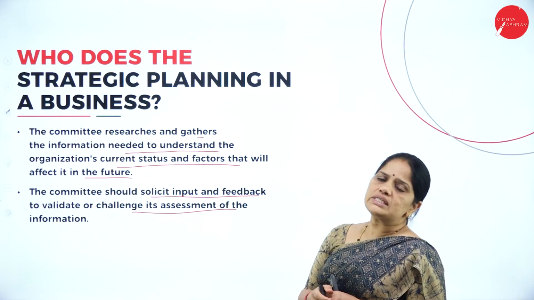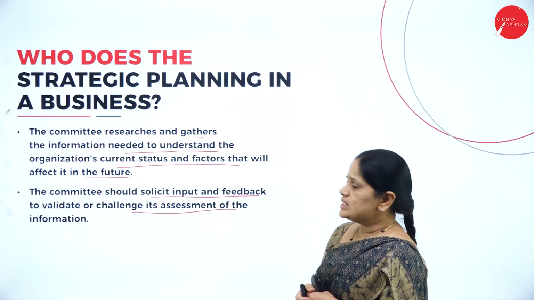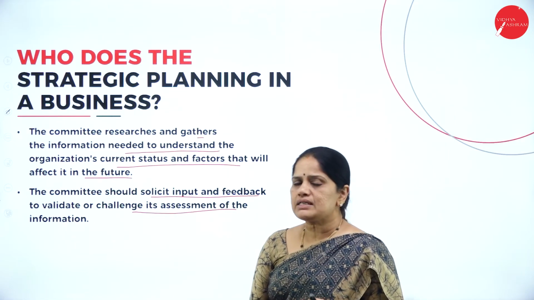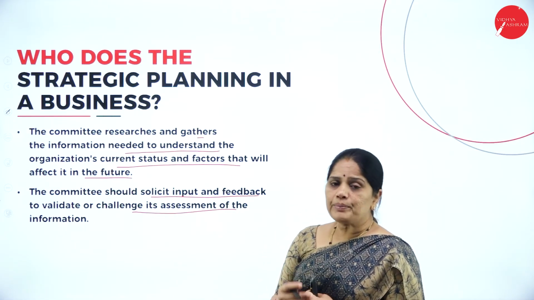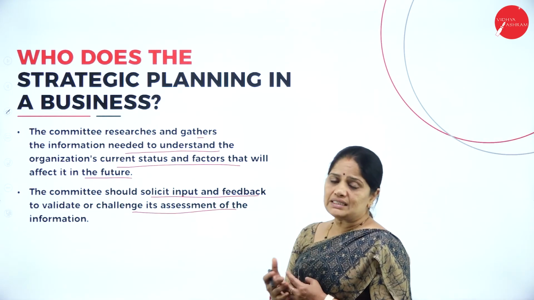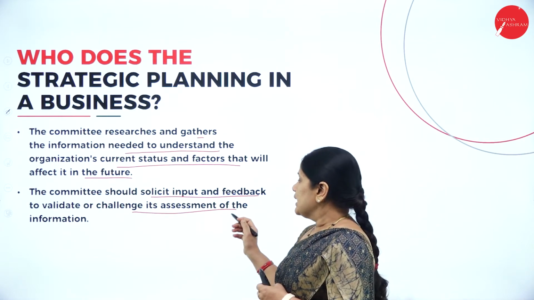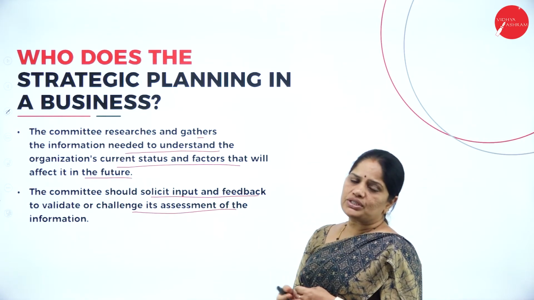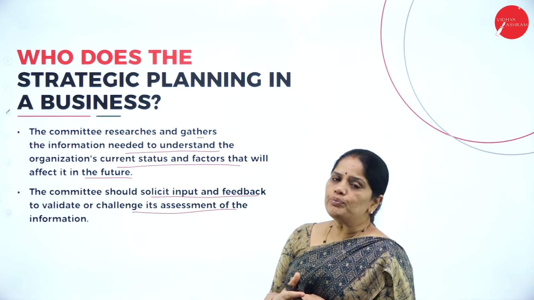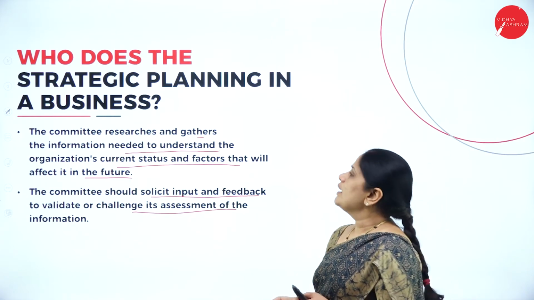So, it should seek feedback from the various departments, to validate that whatever information each department is giving, there is proper proof about it. And if there is anything wrong in that information, they have to challenge its assessment. So, how can they prove it is wrong? They have to prove it in case any wrong information is given to this committee.